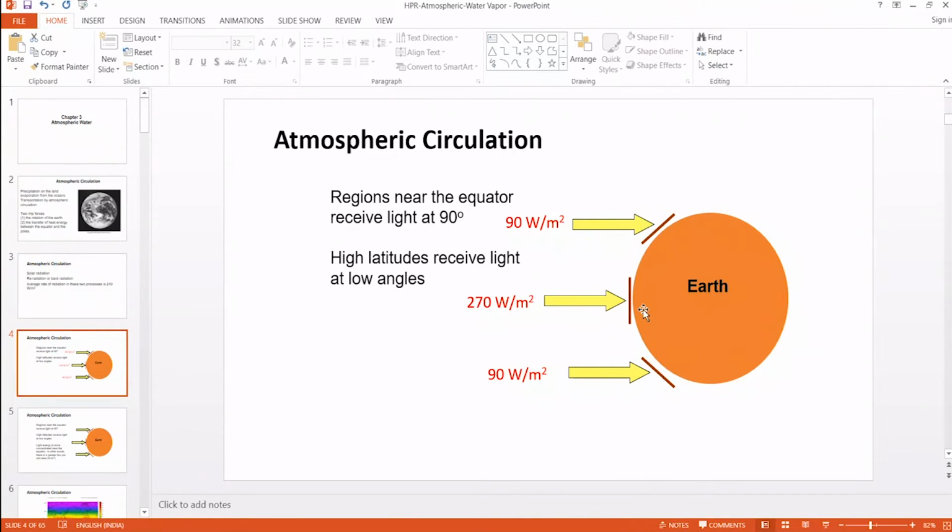So this figure shows that on the equator, for unit area, the amount of solar energy transferred is 270 watt per meter square, whereas at the poles, it is only 90 watt per meter square.